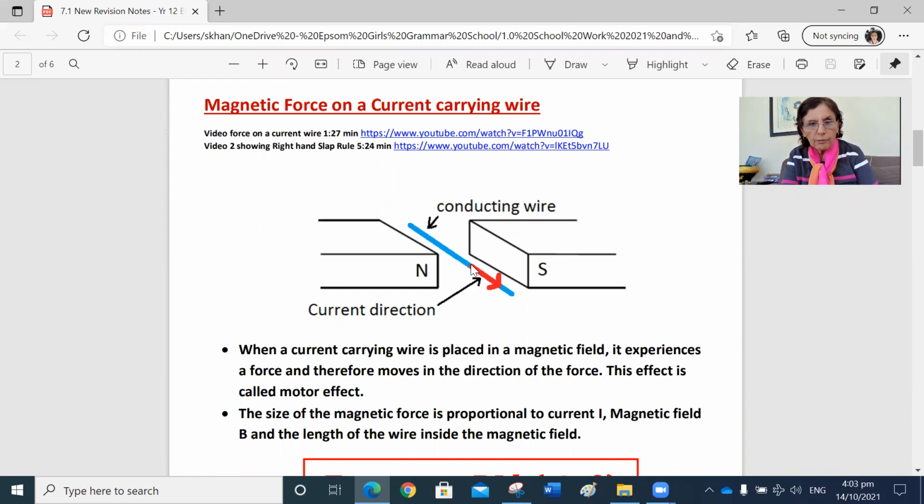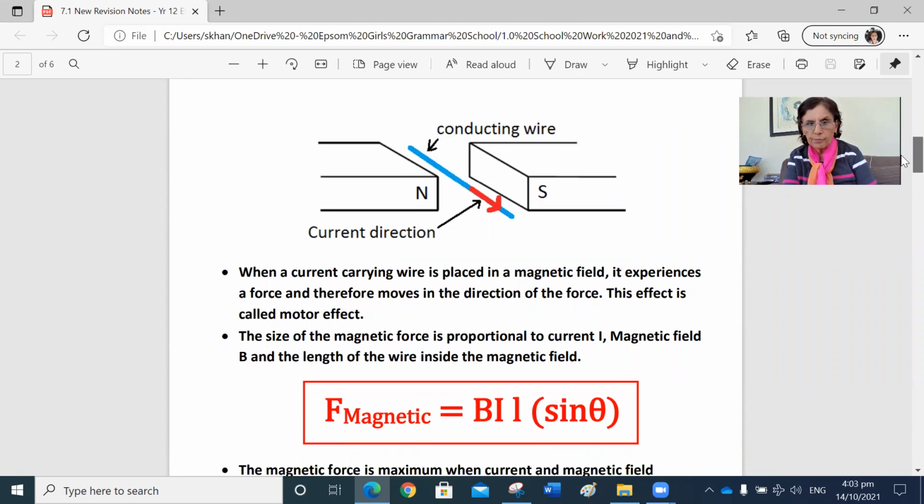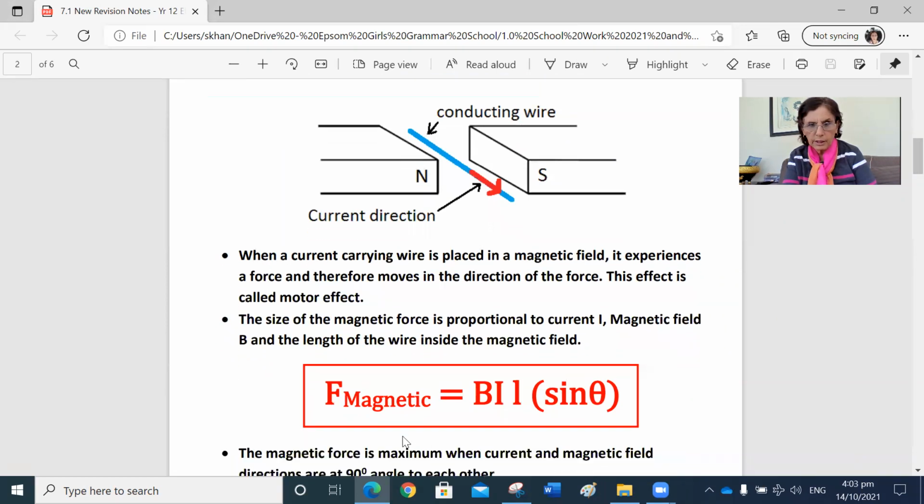Now, how do we find the size of this force on this current carrying wire? It is directly proportional to the magnetic field. If the magnetic field is stronger, the force will be stronger.